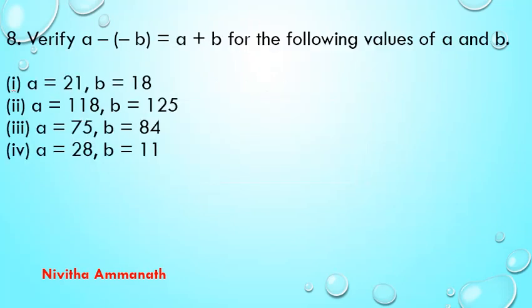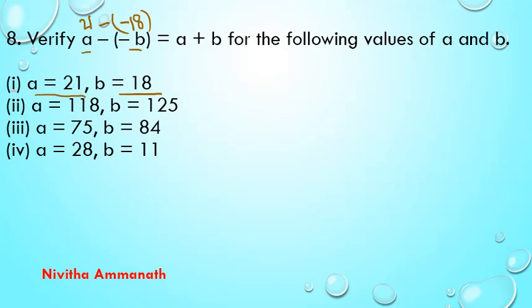Verify a minus of minus b equal to a plus b for the following values of a and b. So here they given a equal to 21 and b equal to 18. So we have to replace a and b like this. 21 minus of minus 18, right?